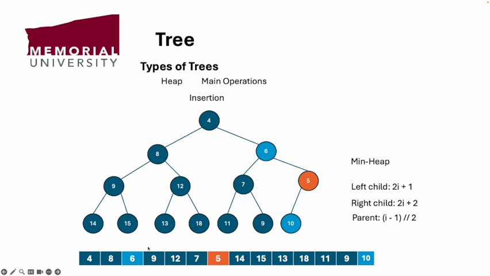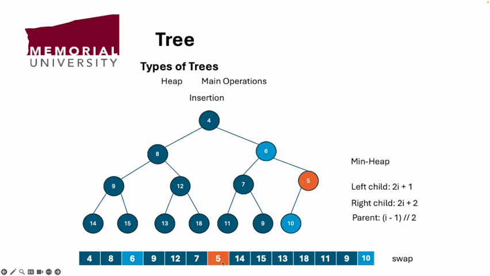So it's 0, 1, 2, and we get the 6. 6 is above 5, do we swap or not? Yeah, we swap again. After the swap, we become like that. So this also swapped. The 5 goes here, 6 goes here, just swapped.